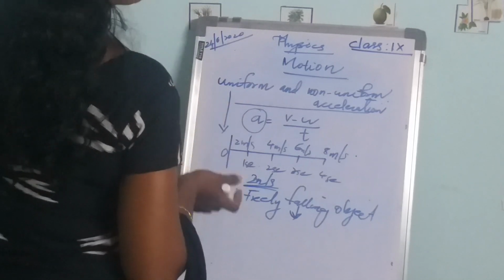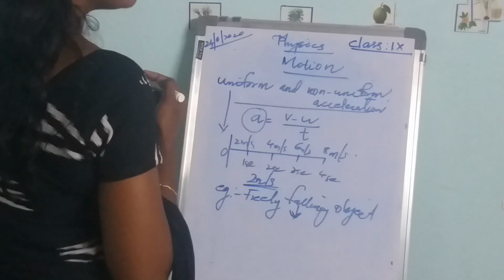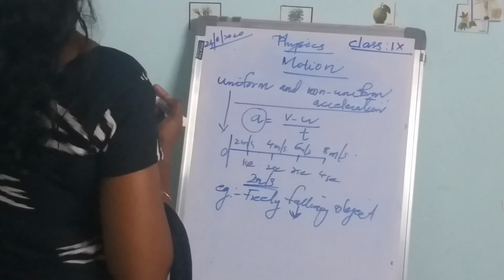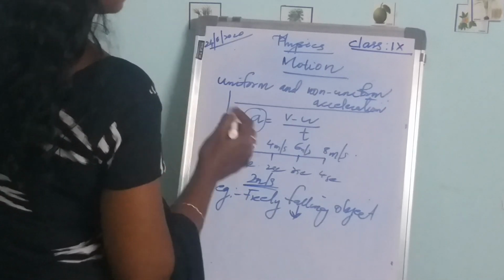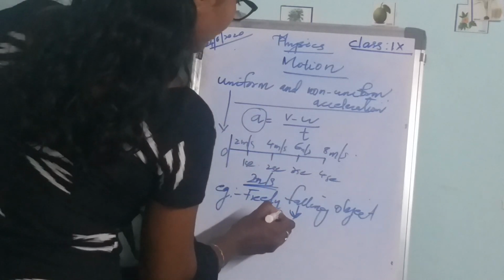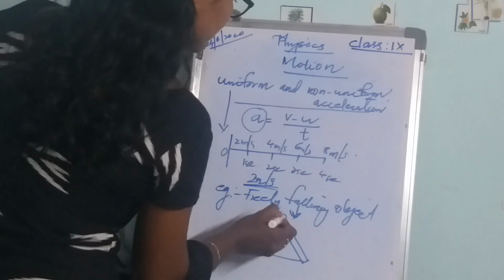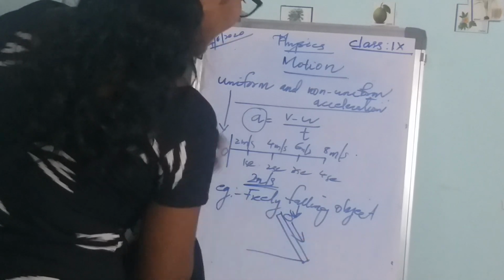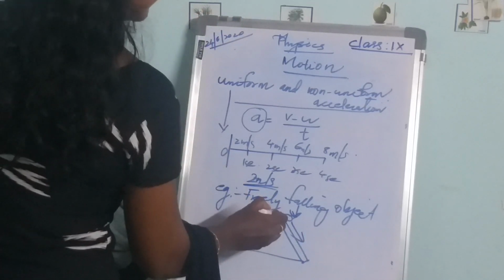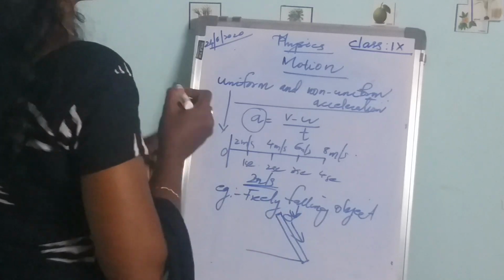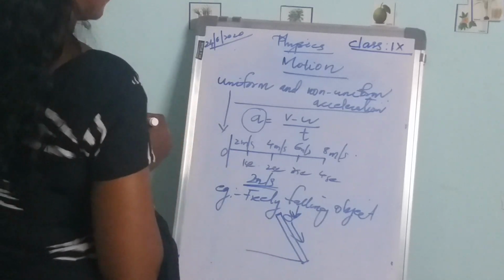Also, when we throw an object upwards, its motion can also be considered as uniformly accelerated motion. Also, the motion of a ball along a smooth inclined plane can be considered as uniformly accelerated motion.